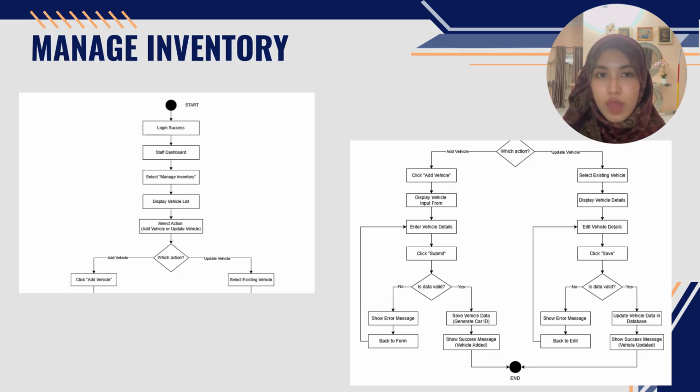It also illustrates the validation process performed by the system before storing or updating data in the database. If the data is invalid, the workflow redirects the user back to the form for correction. However, if the data is valid, the system will proceed with saving the information and display a success message. Overall, this diagram helps explain the interaction between the staff and the system in a more structured and logical way.